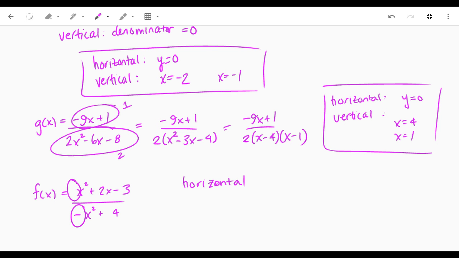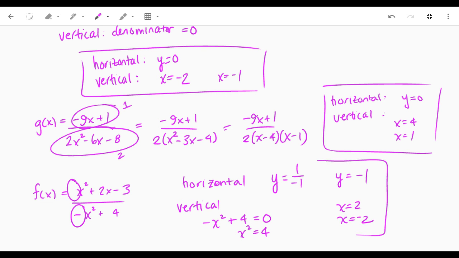So y equals 1 over negative 1, or y equals negative 1. Okay, vertical, whatever makes the denominator 0, so negative x squared plus 4 equals 0. So x squared equals 4. So that would be x equals 2 or negative 2. And there's your asymptotes.